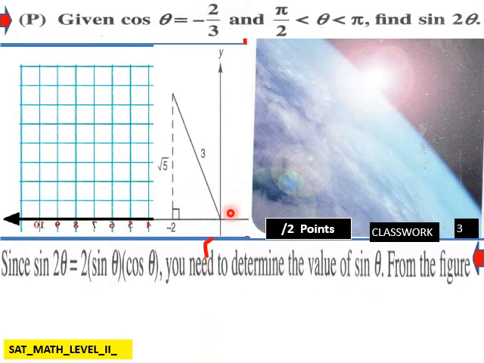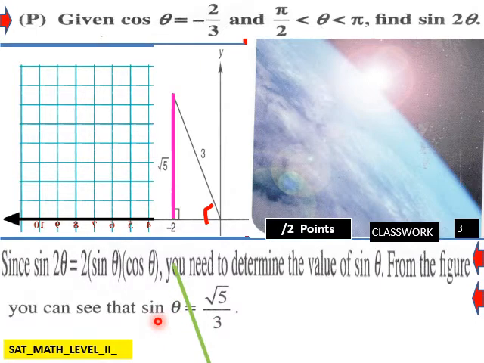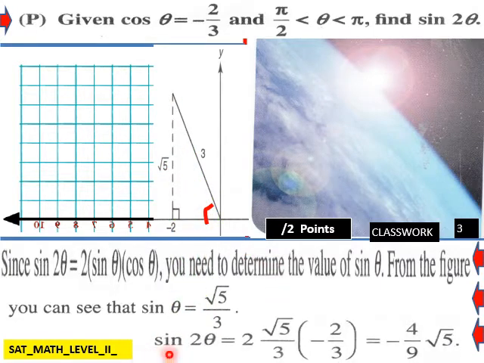From this figure here, you can see that sine theta would equal the square root of 5 over 3. And then sine 2 theta would equal 2 times square root of 5 over 3 multiplied by negative 2 over 3. And this would come out to be negative 4/9 times the square root of 5. So there again is our cosine here.